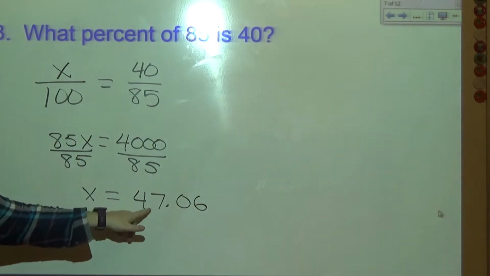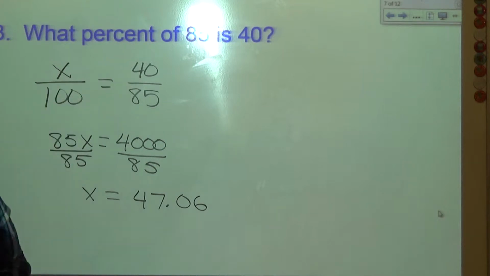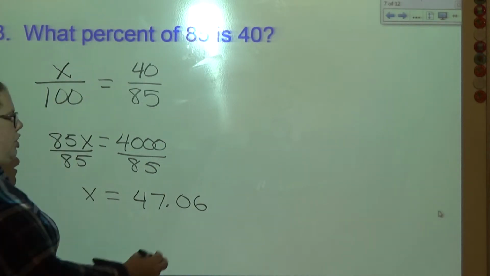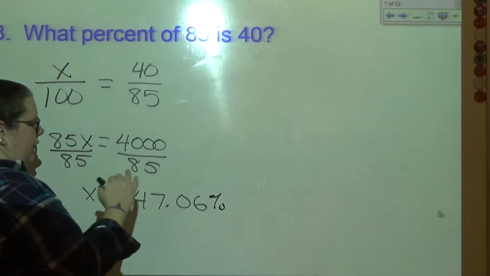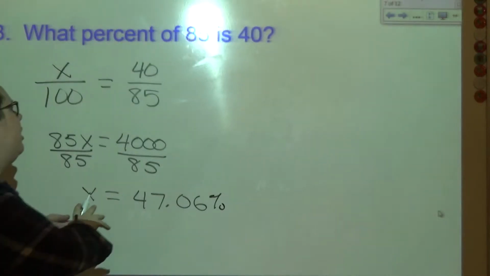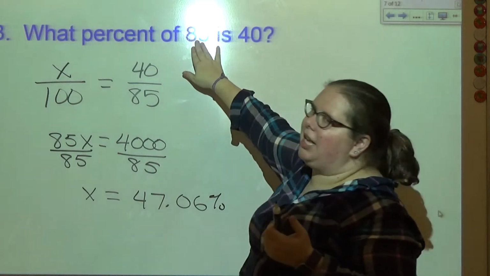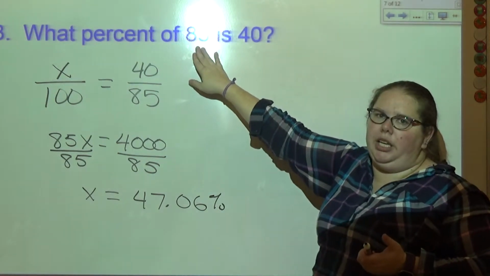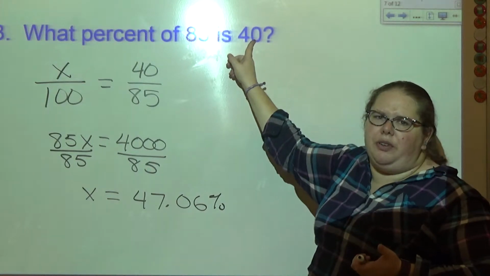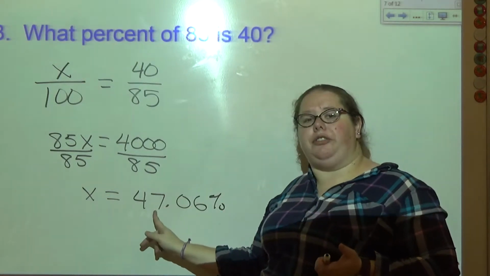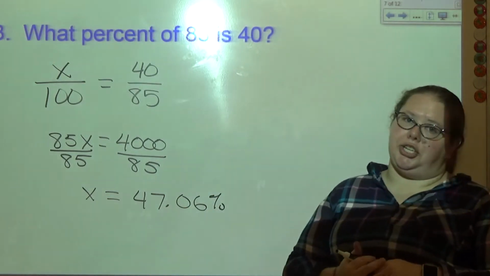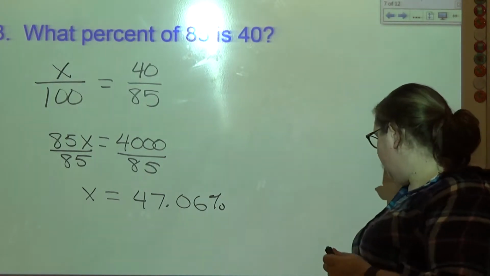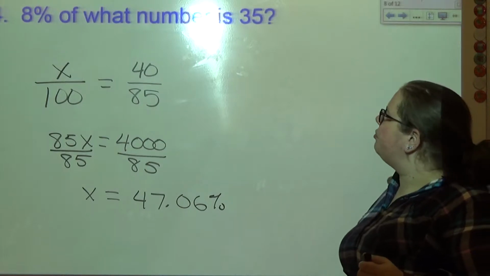So that's my percentage. So think about it. 47% is just under half, just less than 50%. 40 is just less than half of 85. Half of 80 is 40. So 40 is just under 50%. It makes sense, it's logical. And you should try to work on that logic that's happening with these problems.